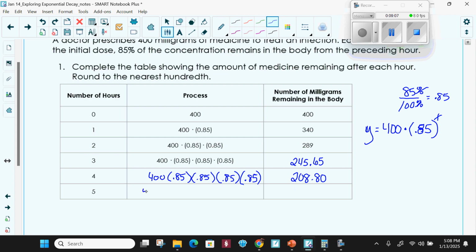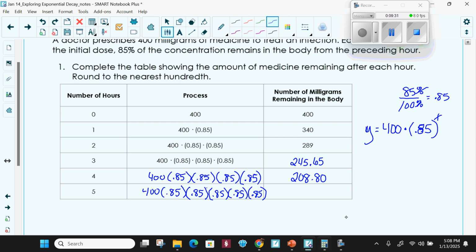Okay, and then we have 400, and we're going to put 5 of these. We have the original 4 from the previous problem. Oh, it takes so long to write this. And then we're going to multiply once more.